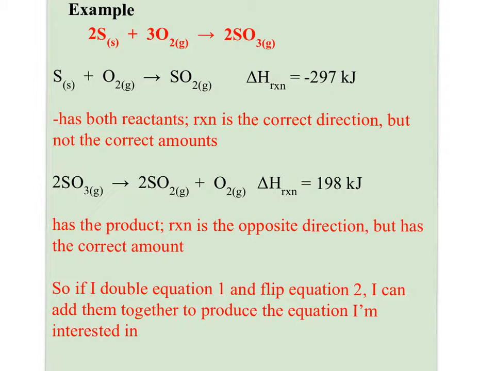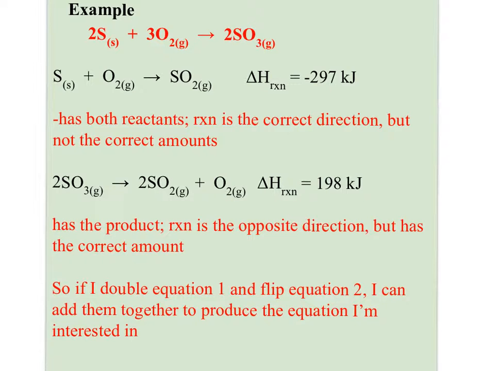The sulfur and oxygen are on the correct side, the reactant side, but they aren't in the correct amount, so I'm going to have to deal with that. In the second equation, 2SO3 decomposes into 2SO2 plus O2, I have my product, but it's on the wrong side, though it is in the correct amount.